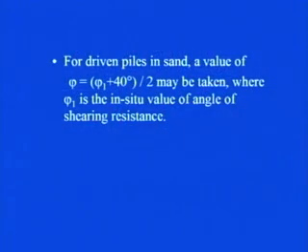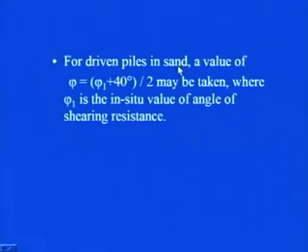Then for a driven pile in sand, the value of phi equal to phi 1 plus 40 degree by 2 may be taken, where phi 1 is the in situ value of angle of shearing resistance. So, if your shear strength parameters are C and phi 1, that is the in situ shear strength parameters, you have to modify the value of phi as per this particular expression in case you are driving the pile in cohesionless soil, that is in case of sand.